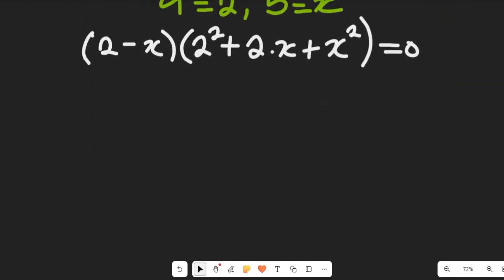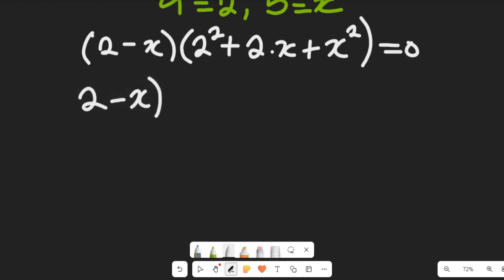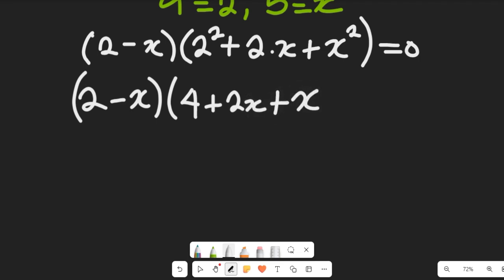Great. Now, considering those two expressions, this will give us 2 minus x multiplied by 4 plus 2x plus x squared, and all this will be equal to 0.